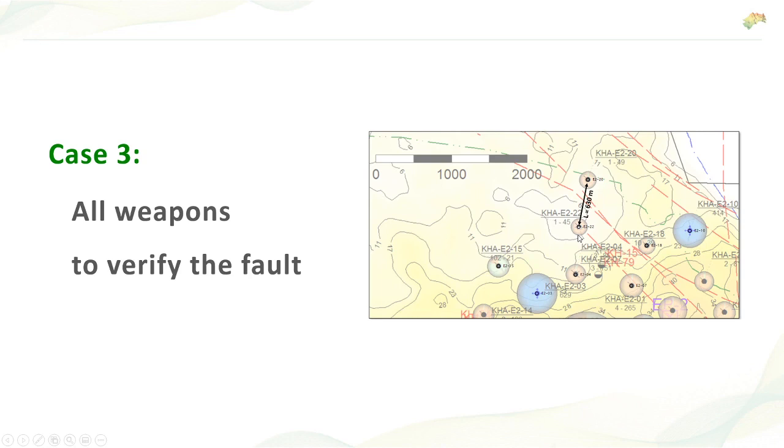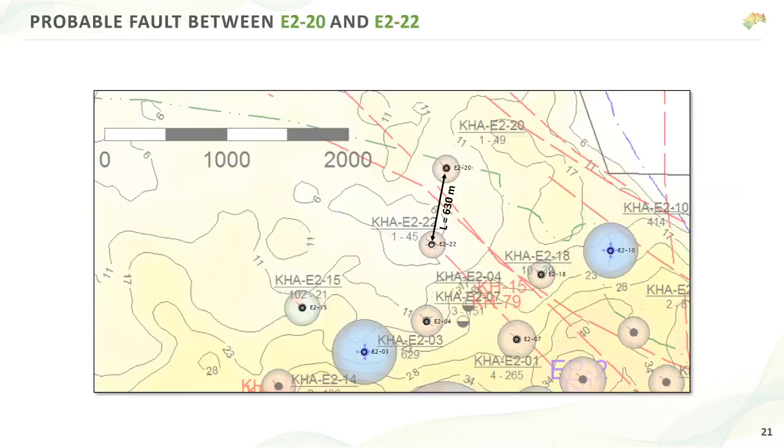Another case, I call it all weapons to verify the fault. One of our clients is developing a large field. The reservoir is carbonate, by the way, and they have a whole lot of faults which they see on seismic maps, but they are not confident about whether these faults are transparent or sealing.